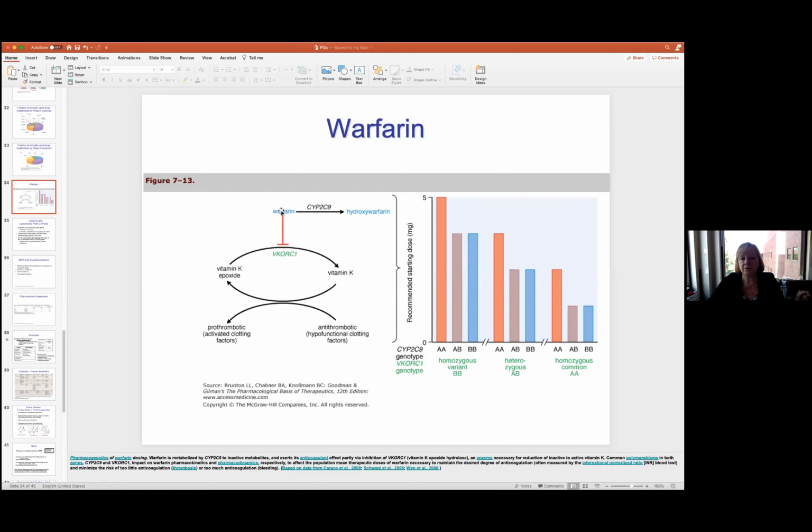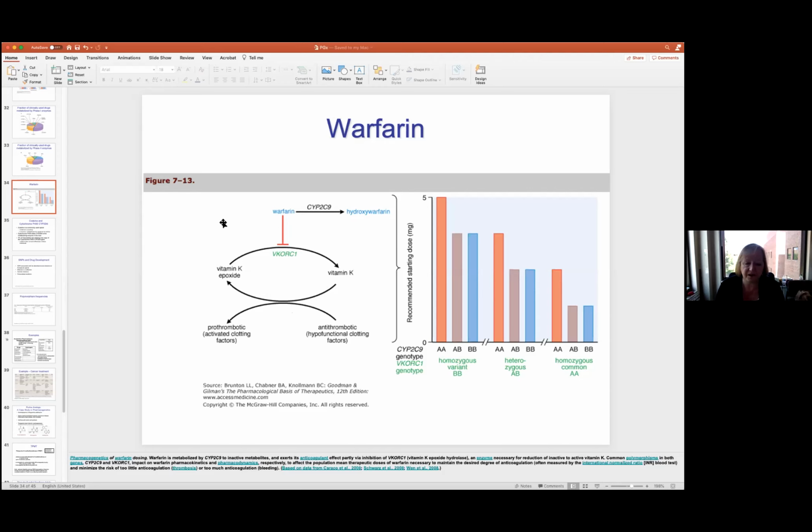How much warfarin is around is dependent upon how much is hydroxylated, and then how much is there to prevent the activation of vitamin K epoxide to vitamin K. And the reason this is important is because vitamin K is responsible for activating clotting factors. So remember that when a patient is on warfarin, it's because we want to prevent clotting.